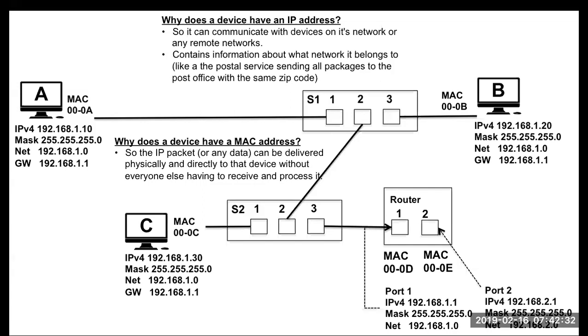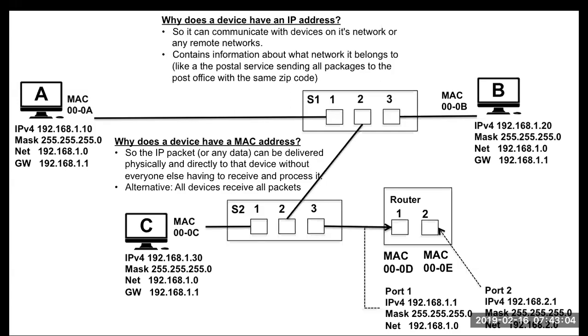It's not just two people where you can just say, hey, you, and the other person knows that you're talking to them specifically. But there might be 5, 10, 20 people in the room. And if I say, hi, I owe you $20, well, who am I talking to? So the MAC address is used to get the packet physically from one NIC card to another NIC card on the same network.